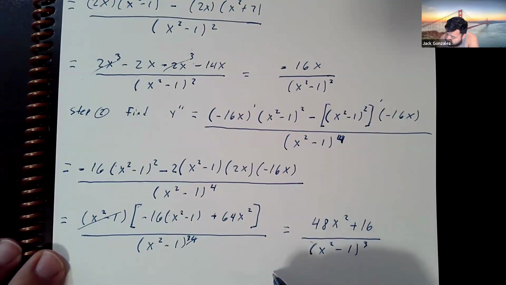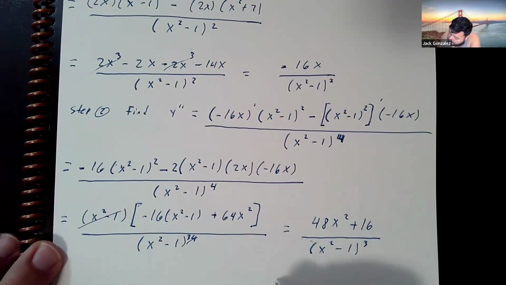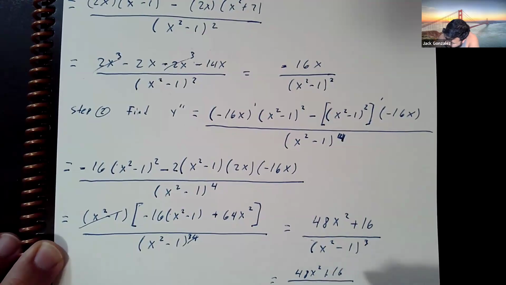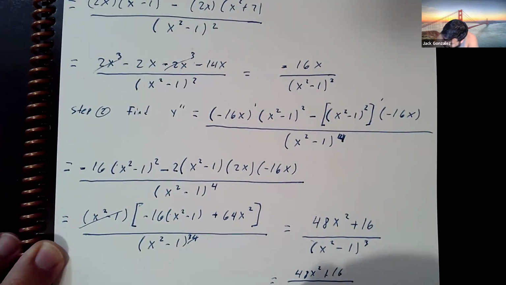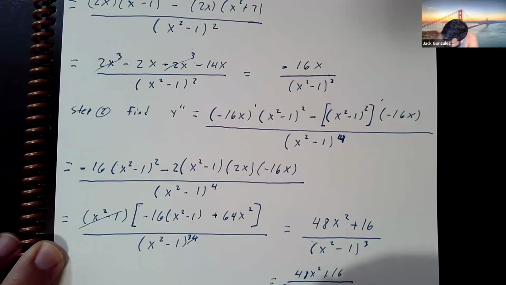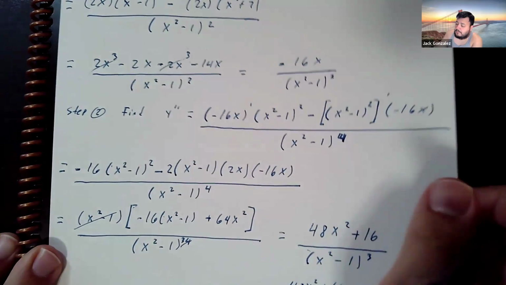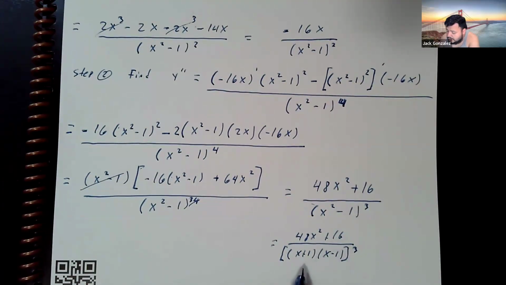So it is undefined at x plus one, x minus one. So one and negative one are two inflection points.